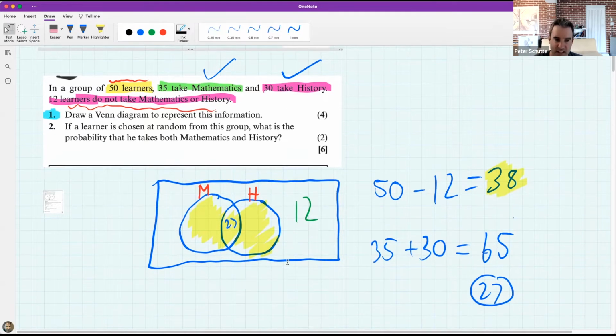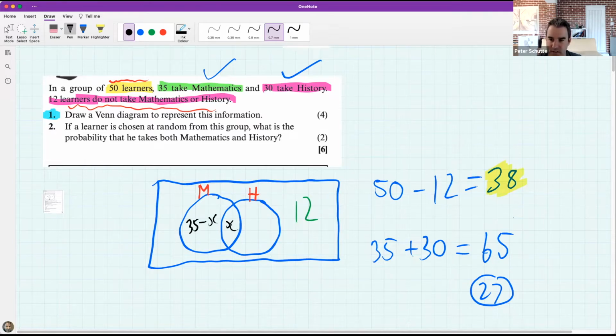However, from what I'm seeing now, I think the other method might be, so remember the answer is 27, but I think possibly the method that will be more useful for you is if I make this X, and I know that the whole of math is 35, would you agree with me that this is 35 minus X?